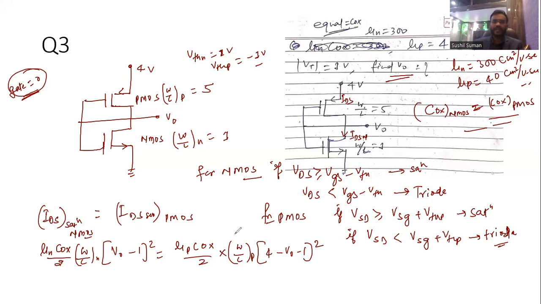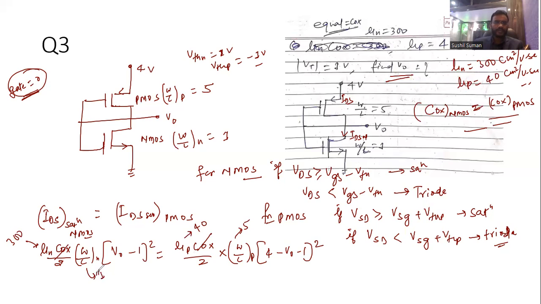Now just put W by L p equal to 5. Cox cancels out. Mobility μn is 300, μp is 40, and W by L n is equal to 1.